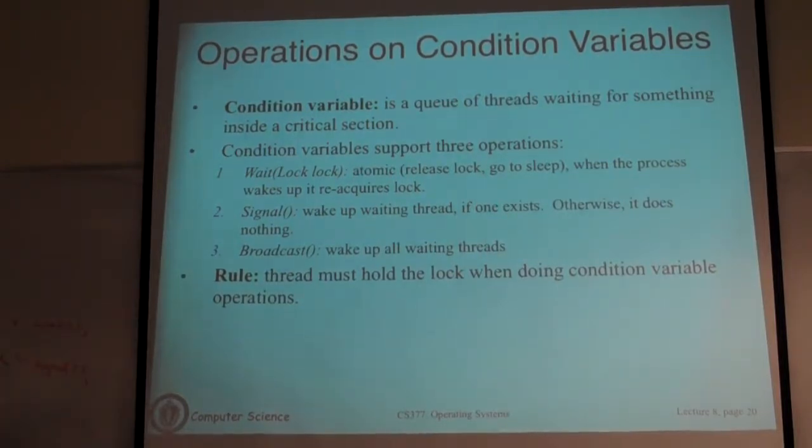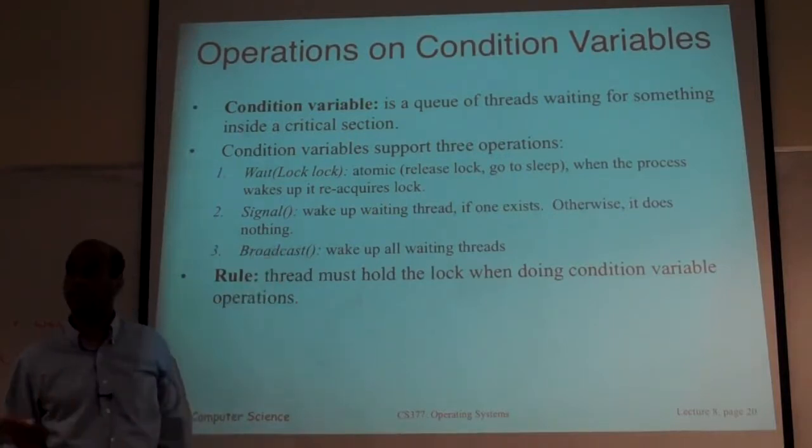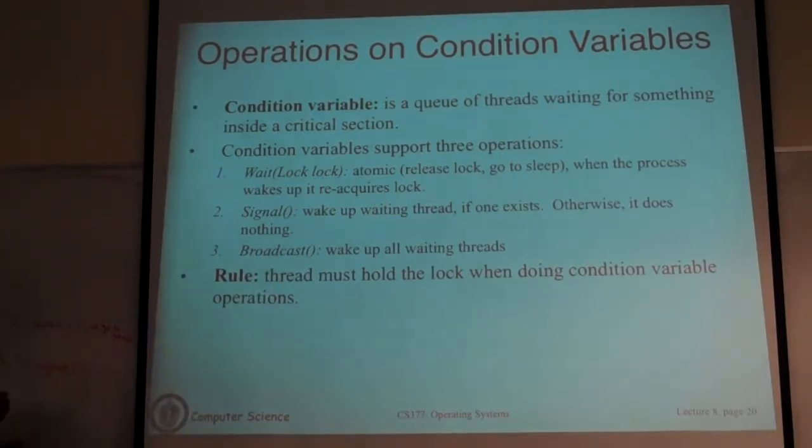So whenever you call wait, you go to sleep. That's our definition of what wait does. Okay, what does signal do? Signal wakes up a waiting thread if one exists. Otherwise, it does nothing. If some thread is asleep, wake up someone, and if there's no one sleeping, do nothing.